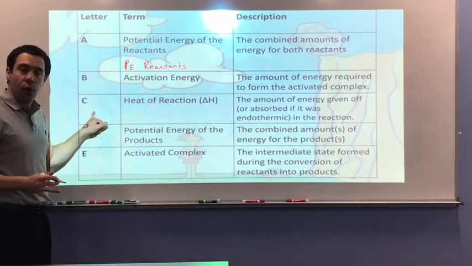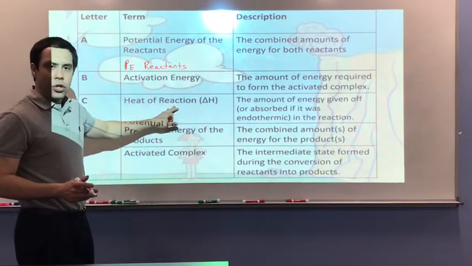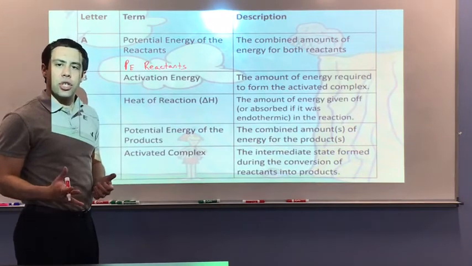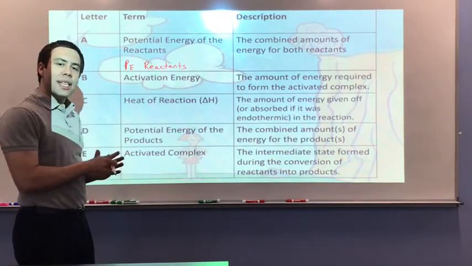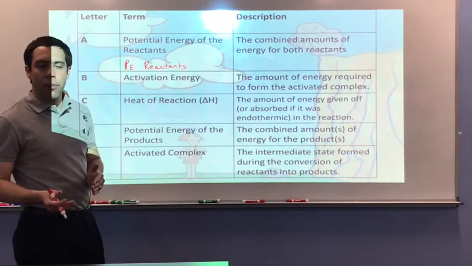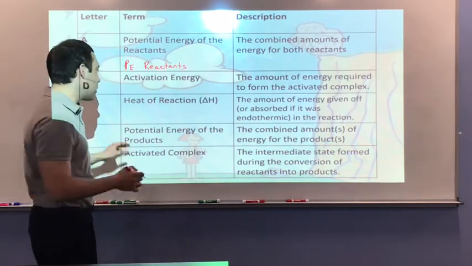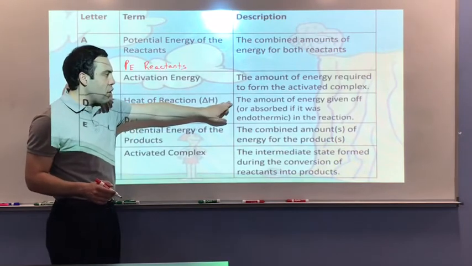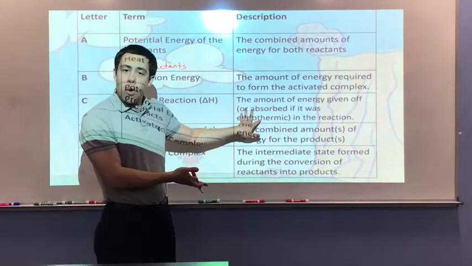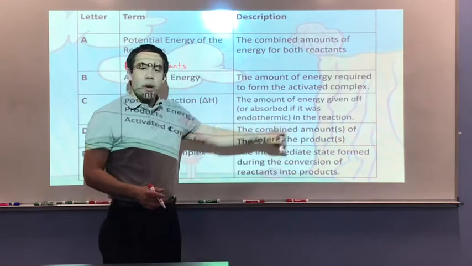Letter C was the important one. That was your delta H. That's why we're doing these potential energy diagrams, to see if it's an endothermic reaction or an exothermic reaction, and how much energy is gained or lost. So heat of reaction is the amount of energy given off or absorbed, because it's endothermic, in the reaction.